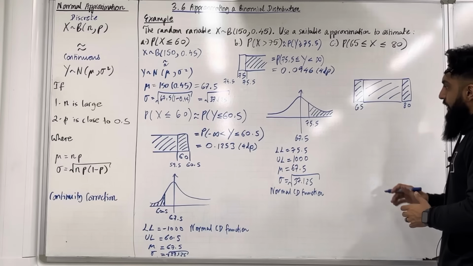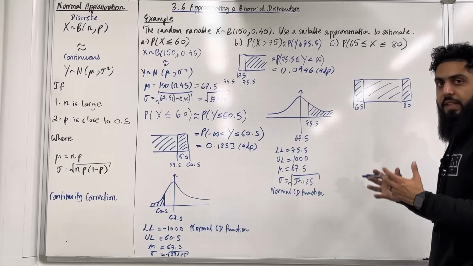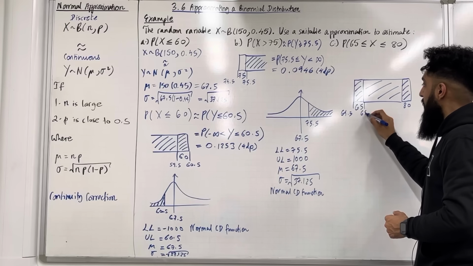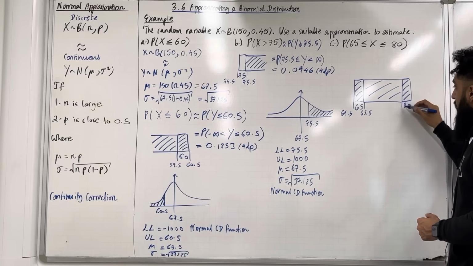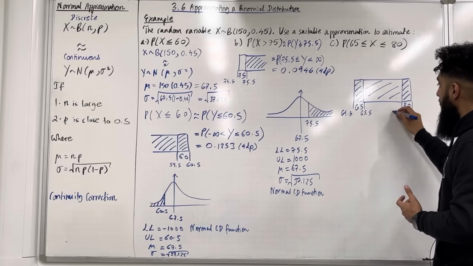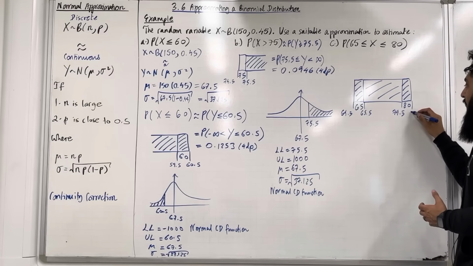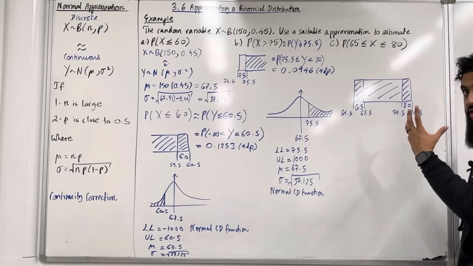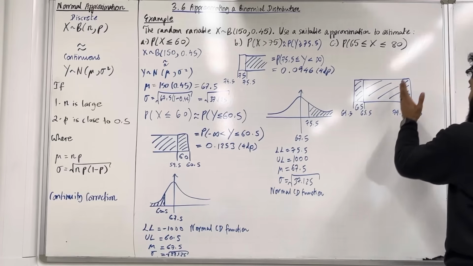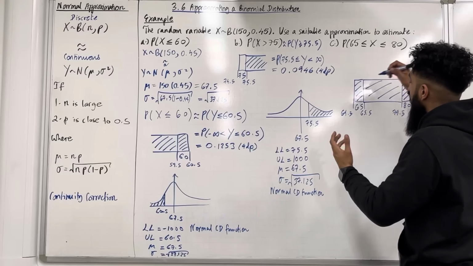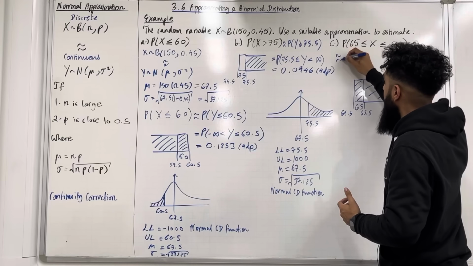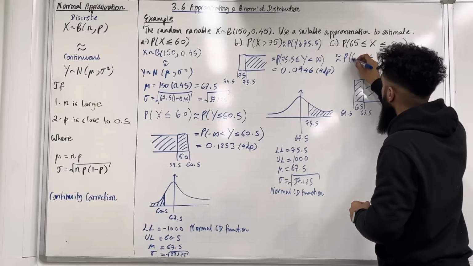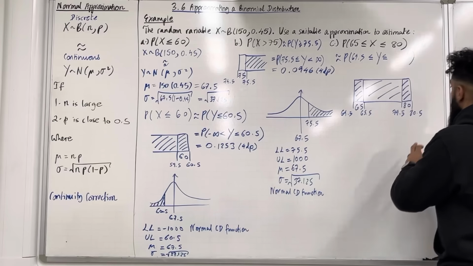Okay, so now we're going to find the lower and upper bound of 65. The lower bound is 64.5 and the upper bound is 65.5. The lower bound of 80 is 79.5 and the upper bound is 80.5. So the complete shading starts from 64.5 and ends at 80.5. Applying my continuity correction, this probability is approximately the probability that y is more than or equal to 64.5 but less than or equal to 80.5.